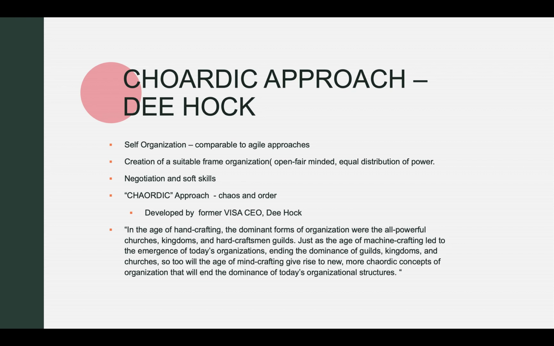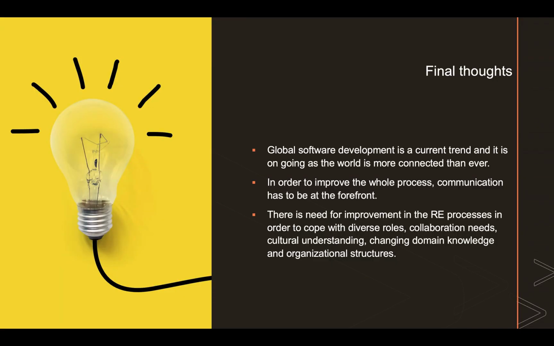And so really what the author is saying is, as the world changes, the chaotic approach is taking root more and more, and different organizations are having to adjust to that approach.